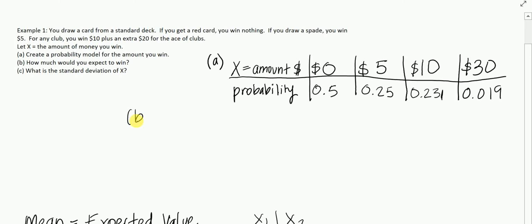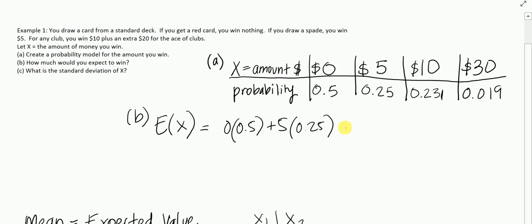So part B, let's go ahead and calculate the mean here. So the expected value of X. And so to do that, and you can go ahead and pause this if you want and just check your work, I am going to take 0 times 0.5 plus 5 times 0.25 plus 10 is my next one times 0.231 plus 30 times 0.019.